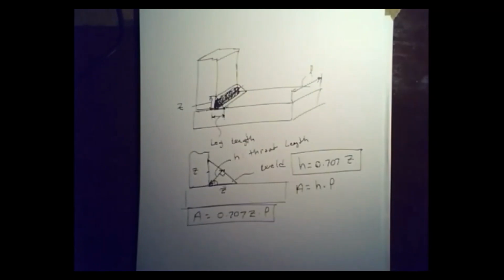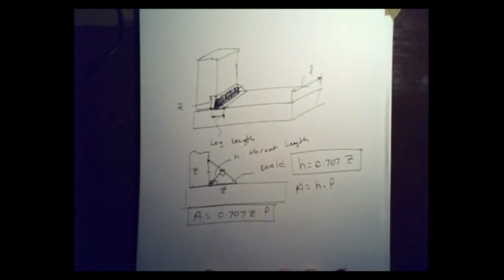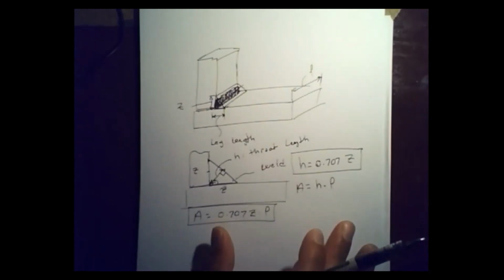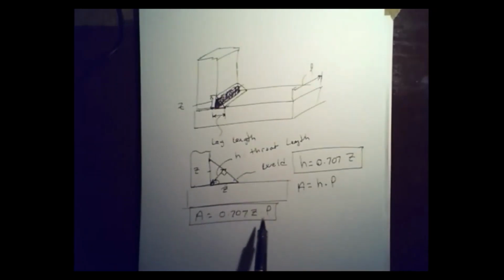When we are analyzing welding, we are going to look at the shear stresses which develop here, and primarily we are going to look at the shear stresses along the throat area. There is really no exact analytical equation for evaluating the stresses except this, so we're only going to be looking at the throat length and the throat area.